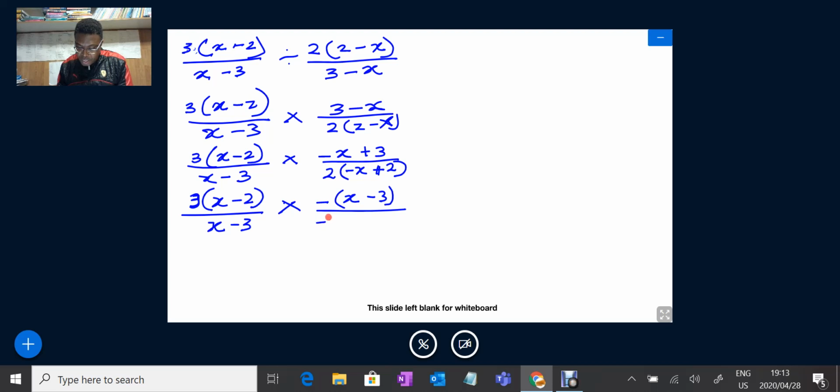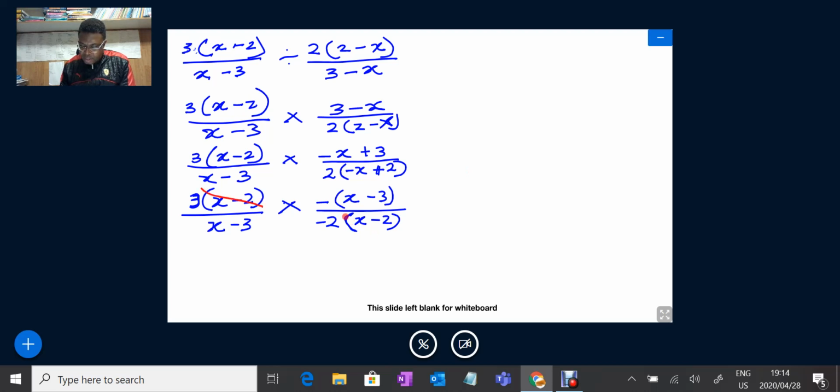We get negative 2. And we apply the same principle as we did with our numerator. x is now going to be positive, and 2 is now going to be negative. Then it looks good.